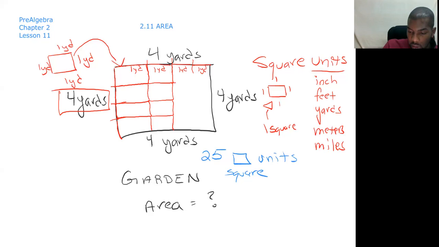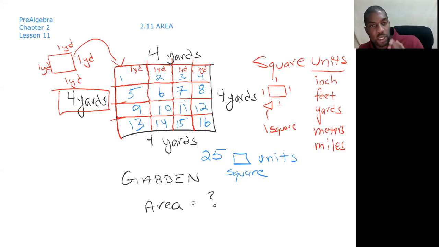Then I finish it out. Let's see how many total square yards I have. Count with me. I have 1 square yard, 2, 3, 4, 5, 6, 7, 8, 9, 10, 11, 12, 13, 14, 15, 16. It would take 16 square yards in area to fill this entire garden.